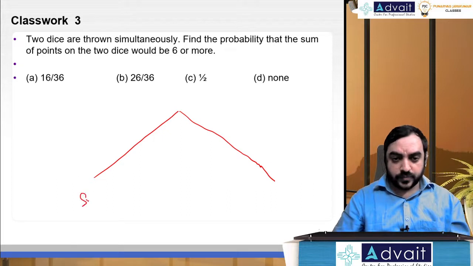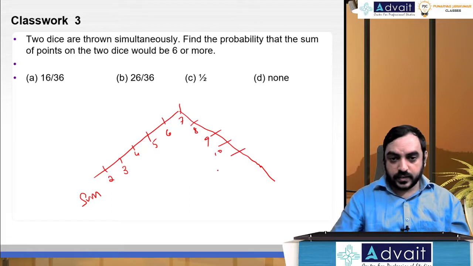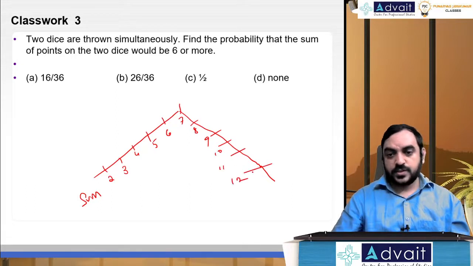The sum will start from 2, 3, 4, 5, 6, 7, then 8, 9, 10, 11, 12.